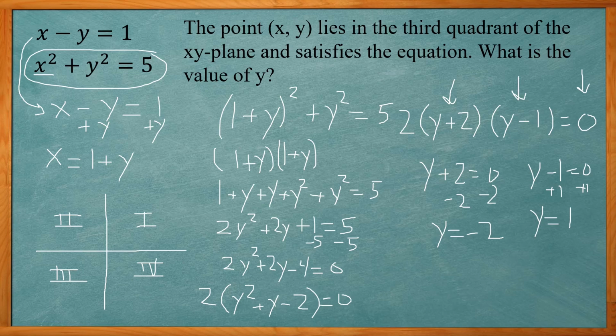We got negative 2 down here and positive 1 here. So we know that has to be the negative 2 because that's going to be in the third quadrant. So our y value is going to be y equals negative 2. So this is an example of solving a system of equations with one line and one circle.